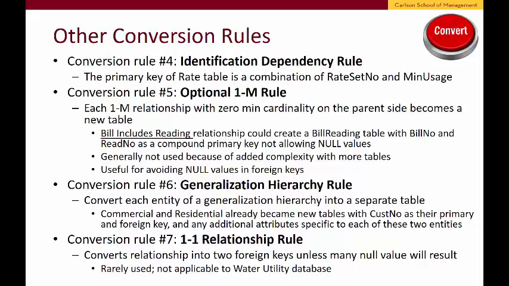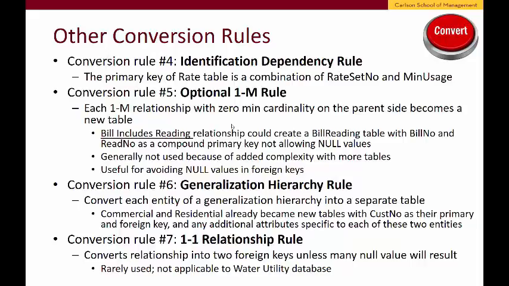So the bill includes reading is an example of a relationship that could create a bill reading table with bill number and read number as a compound primary key, and then not allowing any null values for the bill number, which are currently allowed because the bill is optional for reading. And we then talked about the fact that readings can exist without being used on bills.